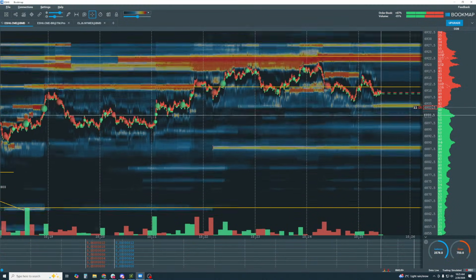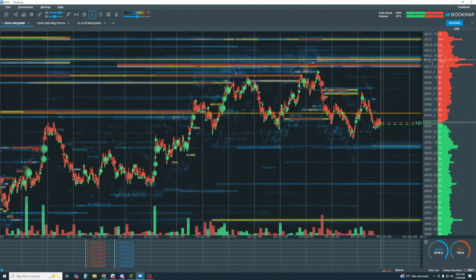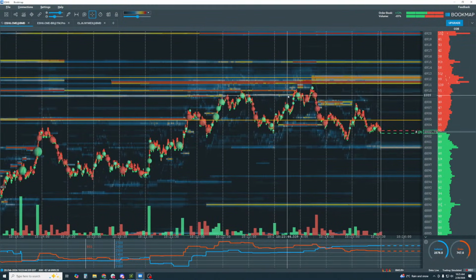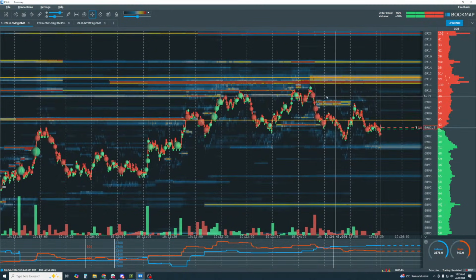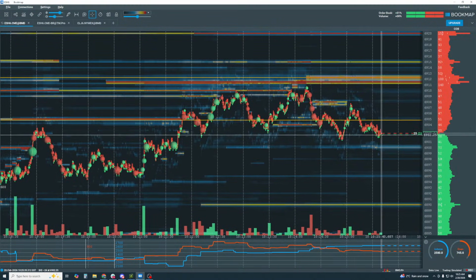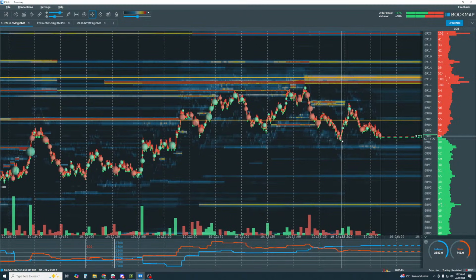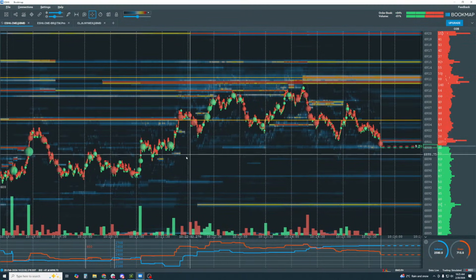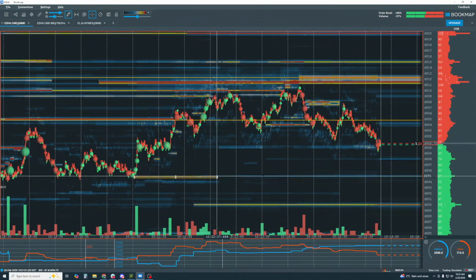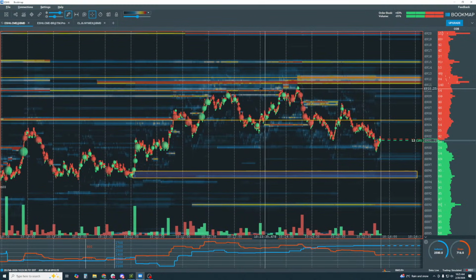So this is what we talk about in the Bookmap Academy meetings and pilot program as well. Understanding this context in here. So I see more sellers. I'm looking for the sellers now to break this level here and trade maybe down to this level here. Let's see if they can do it.